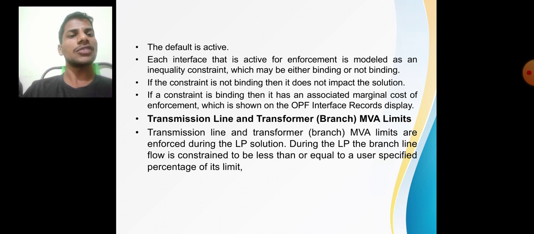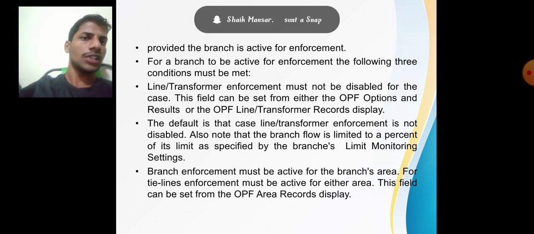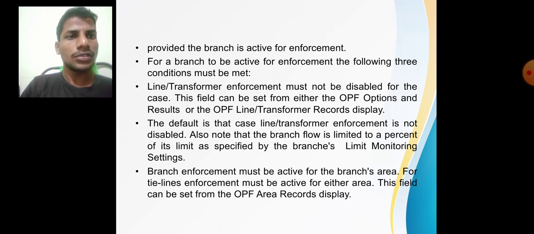The transmission line and transformer MVA limits are enforced during the LP solution. During the LP solution, the branch flow is constrained to be less than or equal to the user specified percentage of its limit, provided the branch is active for enforcement. For a branch to be active for enforcement, three conditions must be met. Transmission line or transformer enforcement must not be disabled for the case.